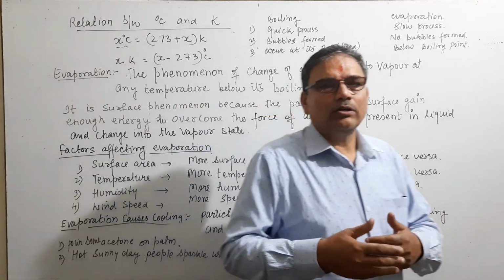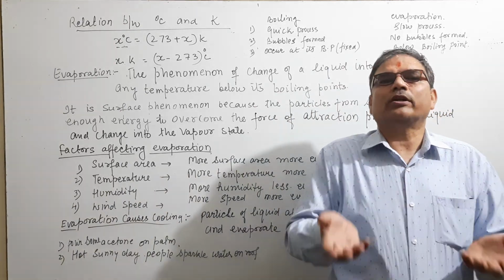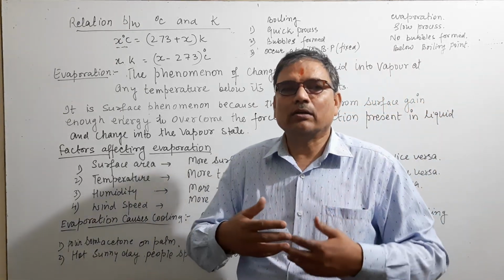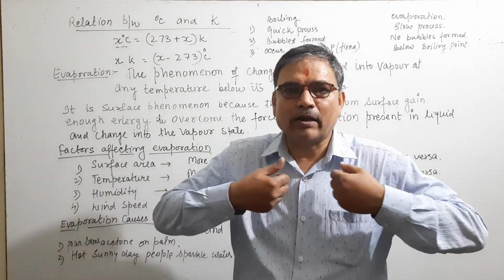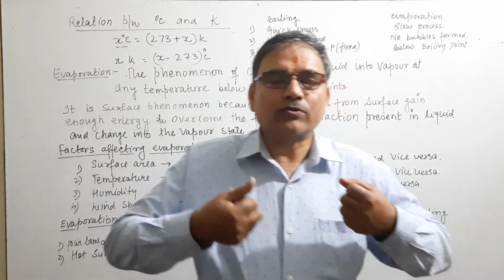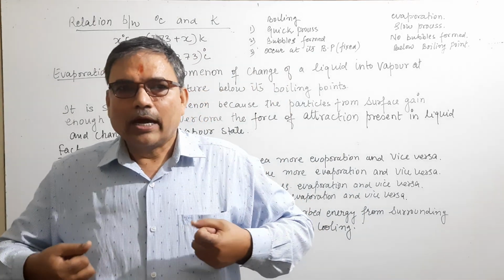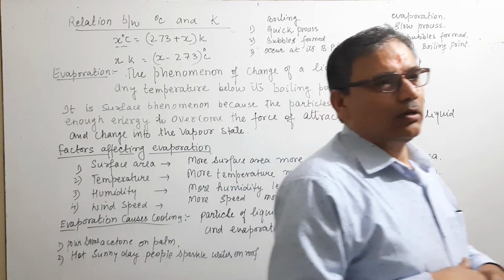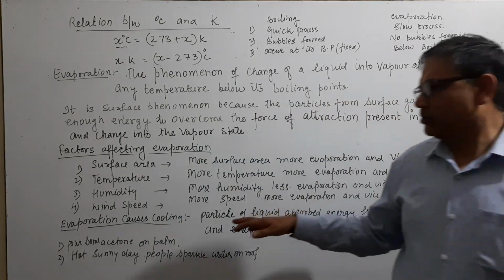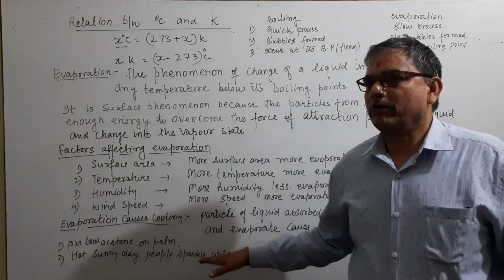Due to this, in summer we wear cotton cloth. Why? Cotton cloth absorbs sweat from our body, and then that sweat evaporates and causes cooling. These are the different applications of evaporation in our daily life.